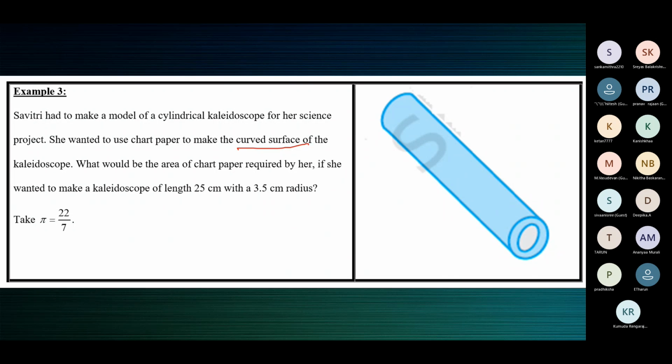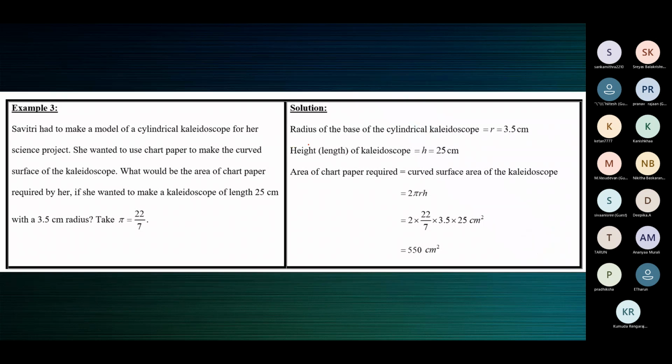CSA of the cylinder. Take a screenshot, children.